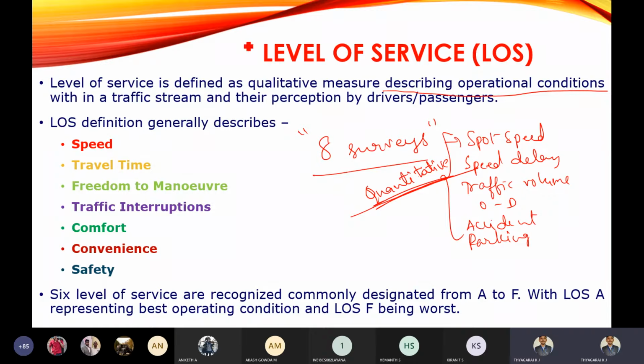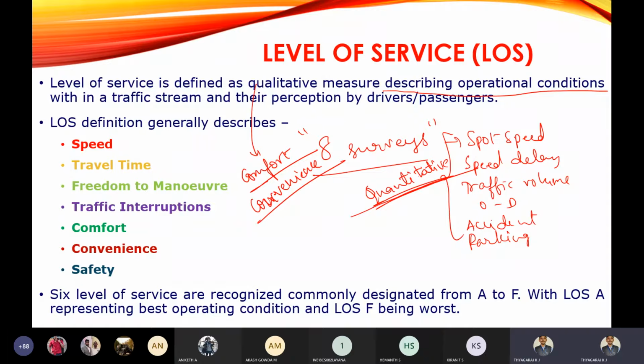Quality comes under comfort and convenience to the road user. Remember, quality means comfort and convenience. Quantity means the data we have collected, that is the quantitative data.